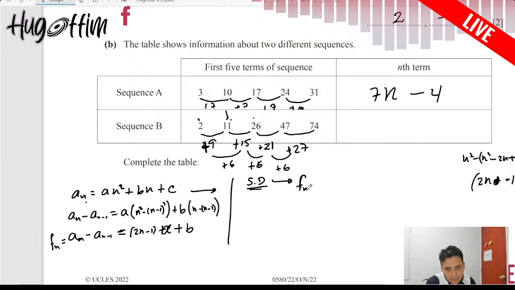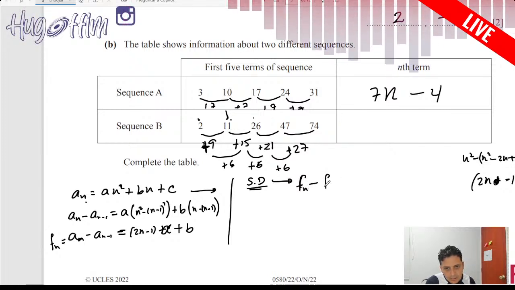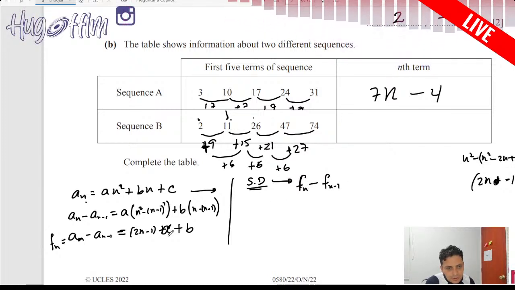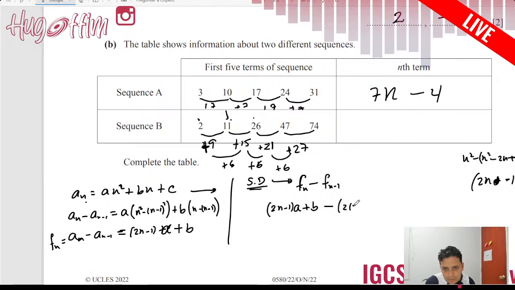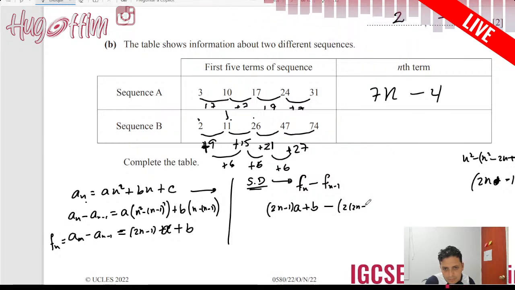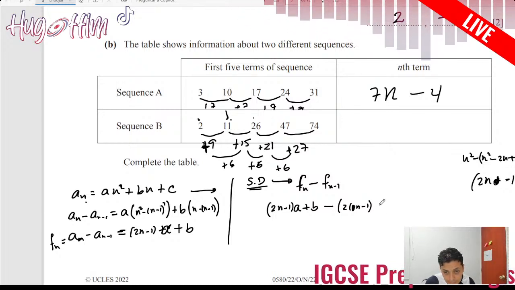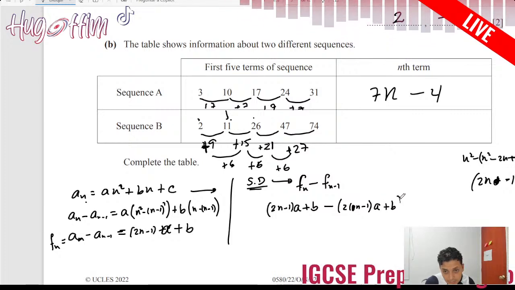So I need to do f of n minus f of n minus 1. So it's 2n minus 1 times a plus b, minus 2 times n minus 1, a plus b.